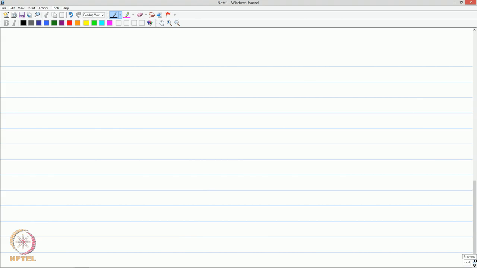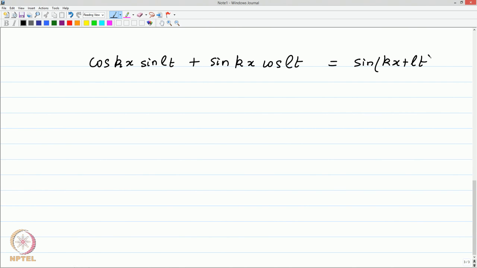On the other hand, consider a function such as cosine kx sine Lt plus, let's write some other example, sine kx cosine Lt, which is nothing other than sine of kx plus Lt.